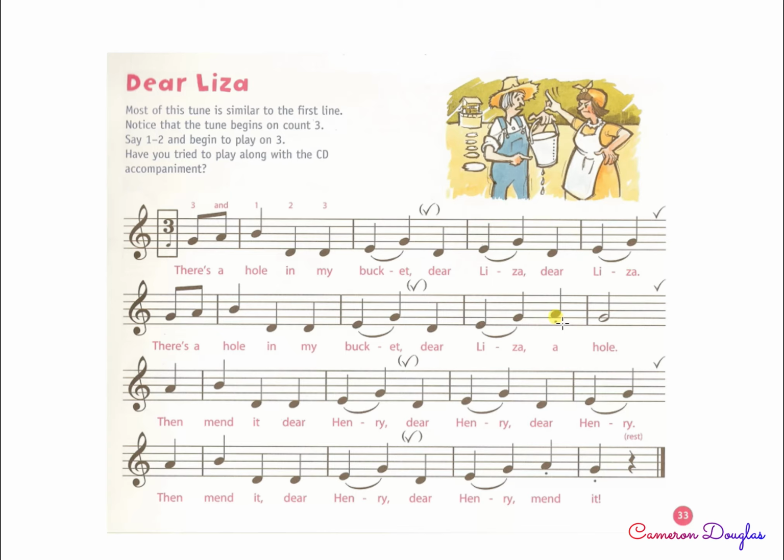For the staccato here, it's G. Okay, and here, staccato. All right. So just take your time, go for your notes, go for your rhythm, and just remember how you start. 1, 2, then you start.